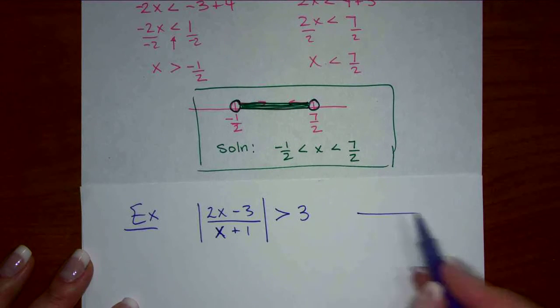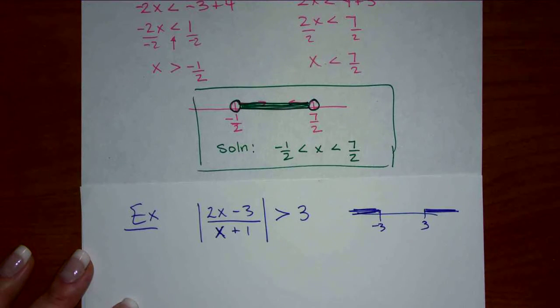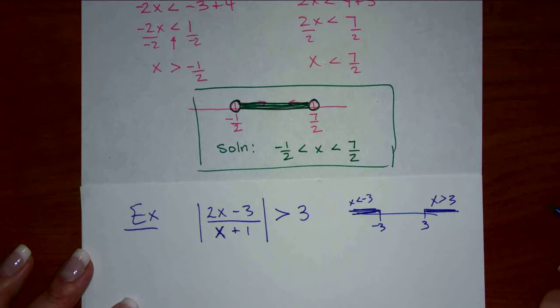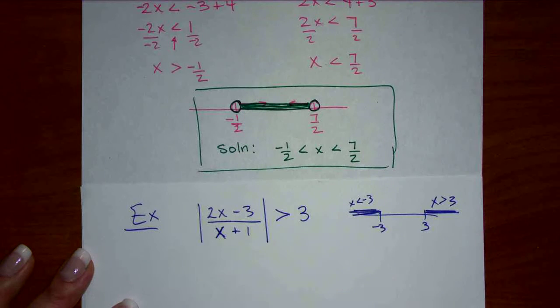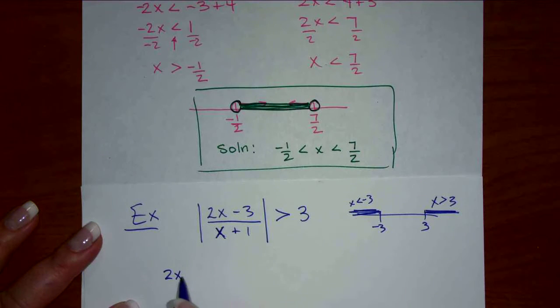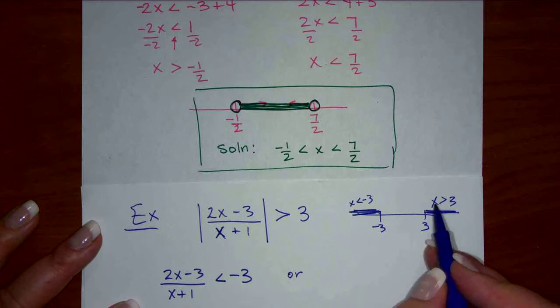First draw your number line with your minus 3 and your 3. Greater than is past those numbers. So this one is x is less than negative 3, and this is x is greater than 3. So instead of x, we have whatever's in that bracket. So you'd rewrite it first: 2x minus 3 over x plus 1 less than negative 3. And the other is or, because they don't overlap, the same thing but greater than 3.